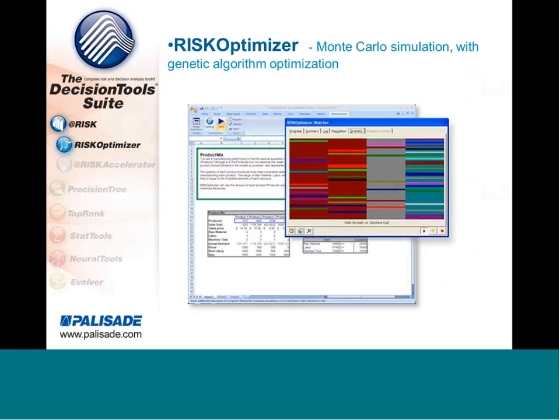We also have RISKOptimizer, which is a stochastic optimization tool. So it allows you to use genetic algorithm optimization combined with Monte Carlo simulation to look for an optimal result under uncertainty. So many of you have probably used Solver to optimize. This allows you to add in the Monte Carlo simulation aspect right into your optimization.